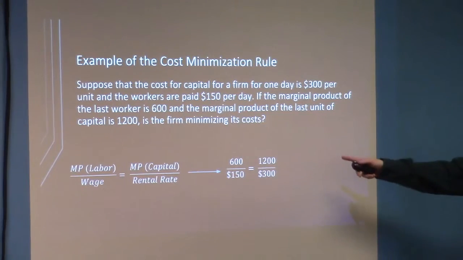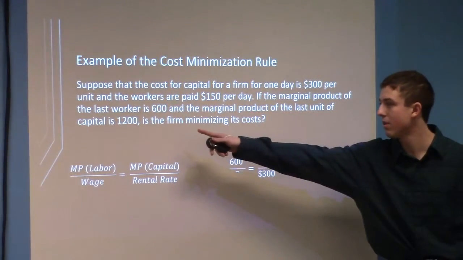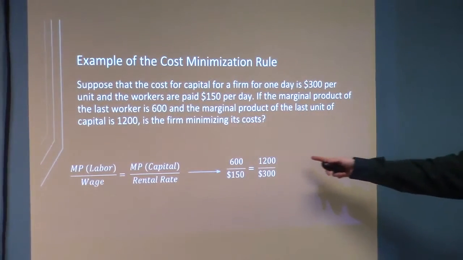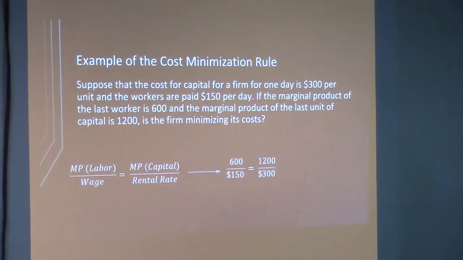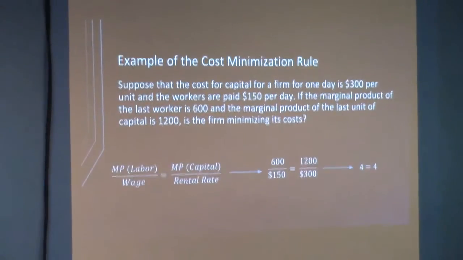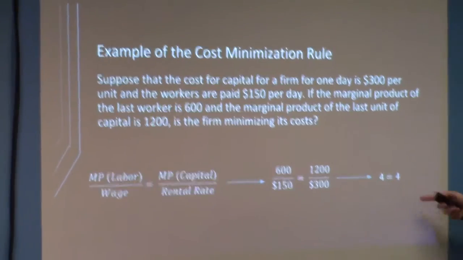For capital, the last unit of capital produces $1,200, that's the marginal product, and you're spending $300 on that. When you divide them out, they each equal 4. In this case, this business is minimizing its costs because these 2 are equal.